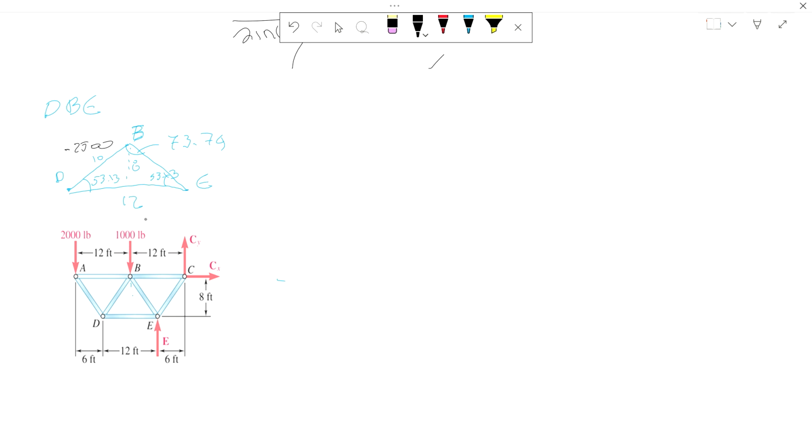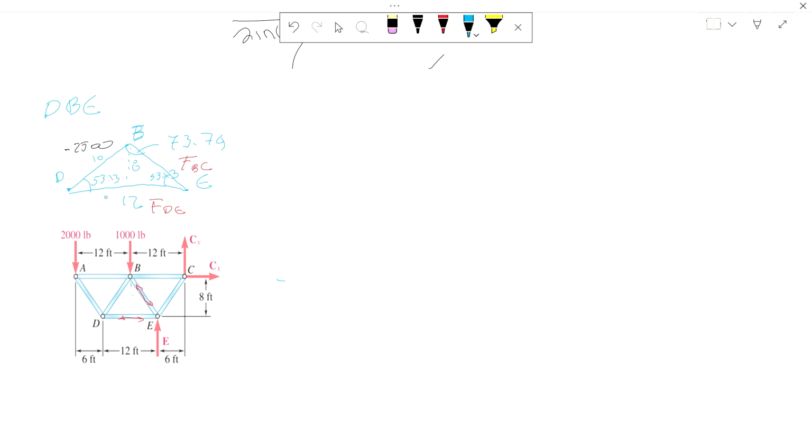So we need to find F D to E, and we need to find F B to E. We need to find these forces right here. Okay, so for that, we can basically do the same concept that we've been doing, sine law, which is pretty simple. So 2500, let's first focus on point D. We're actually missing something here.